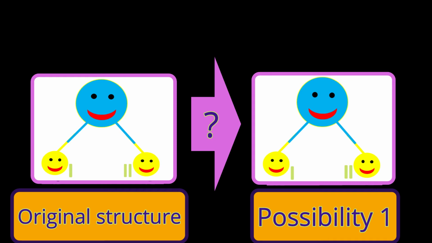How can we convert the left side structure into the right side structure? Is there any difference, or are both structures exactly the same? Are they identical? What do you think?